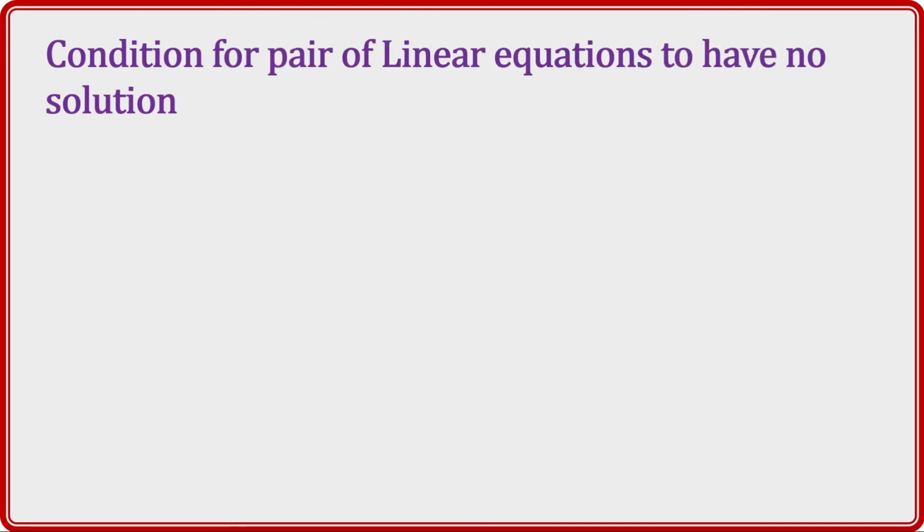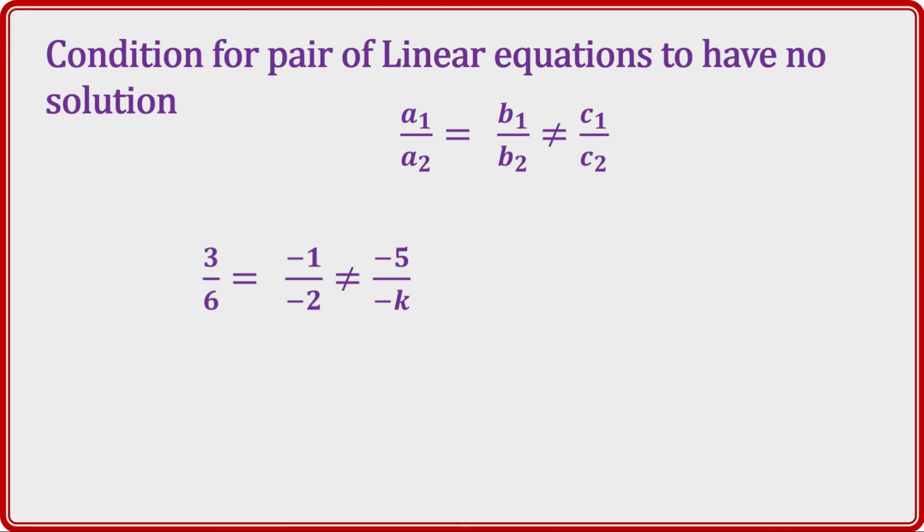So now the condition for pair of linear equations to have no solution. What is the condition? a1 by a2 is equal to b1 by b2, that is not equal to c1 by c2. So on substituting the values, that is 3 by 6 is equal to minus 1 by minus 2, that is not equal to minus 5 by minus k.